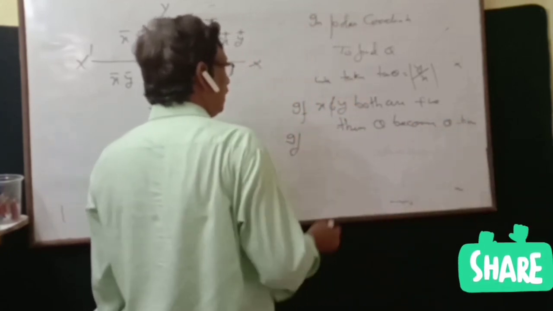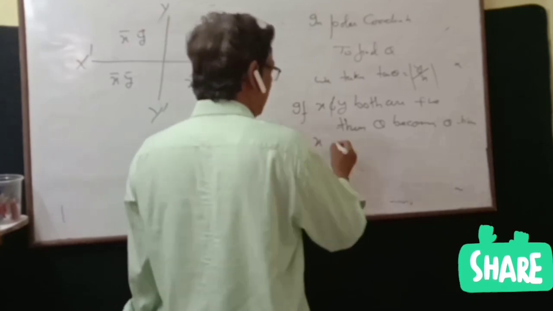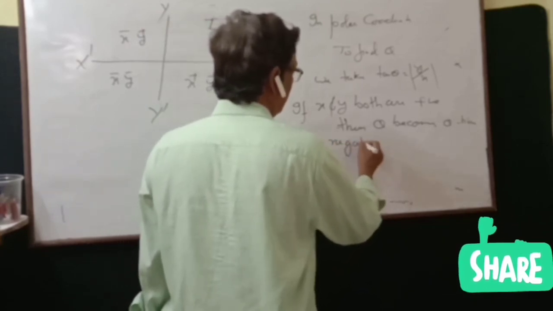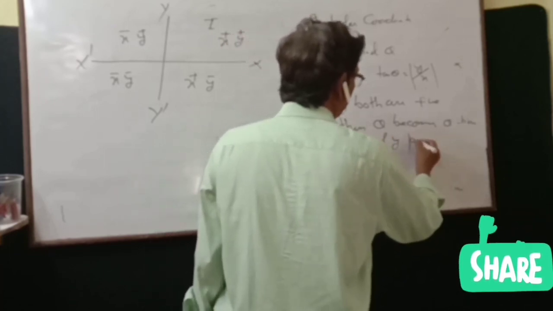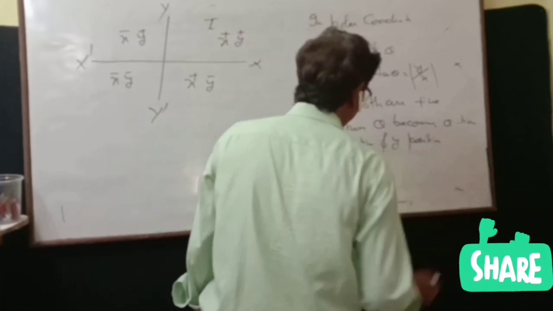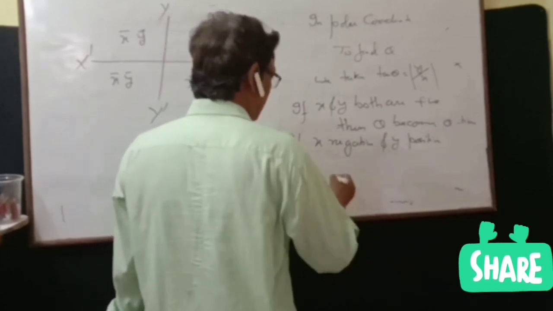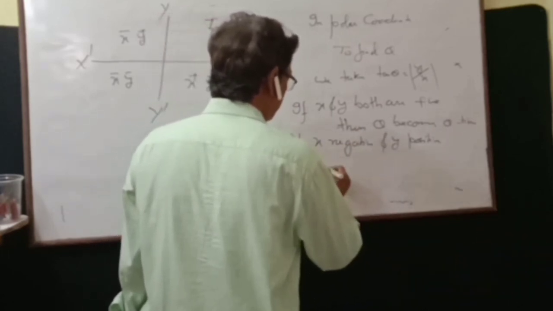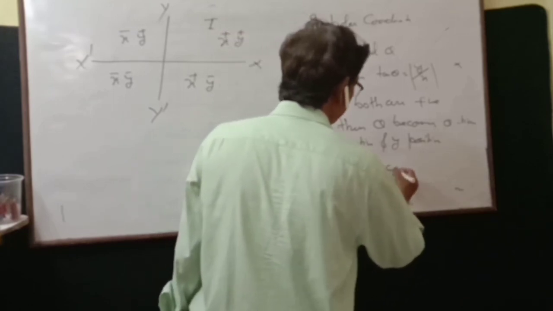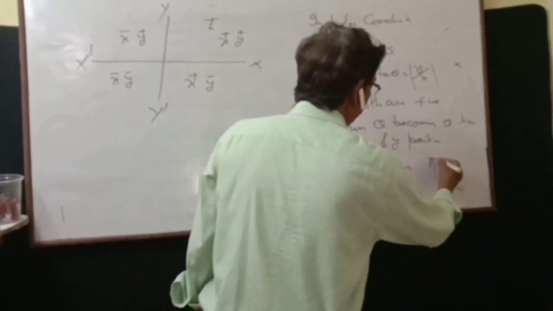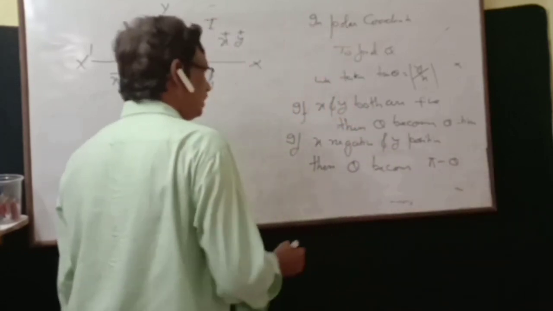If x is negative and y positive, then theta becomes pi minus theta.